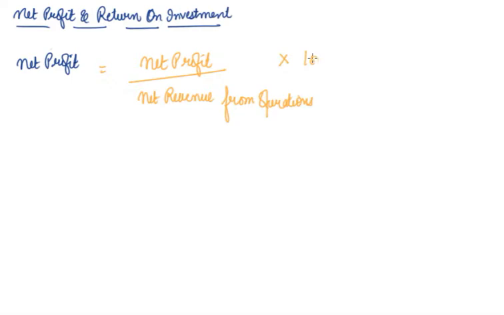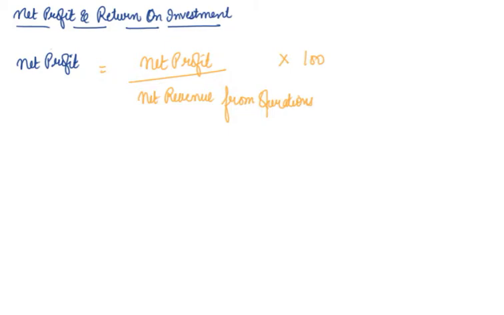It shows you the relationship between the net profit that you have earned over your net revenue from operations, and as I told you, the profitability ratios are in percentage, so into 100. So this is your net profit ratio that you can easily calculate.